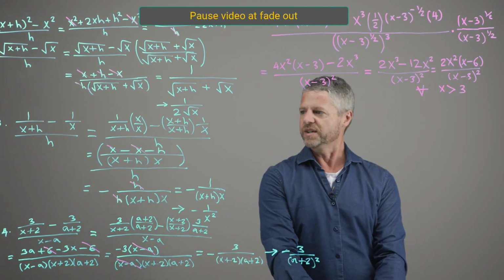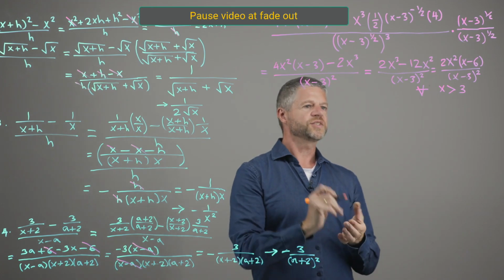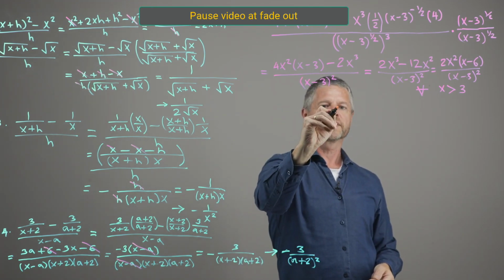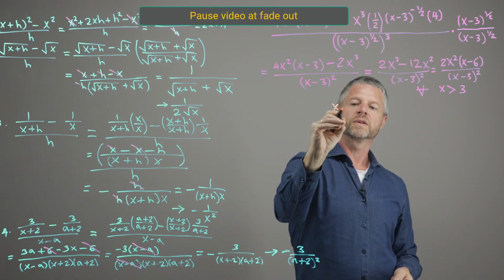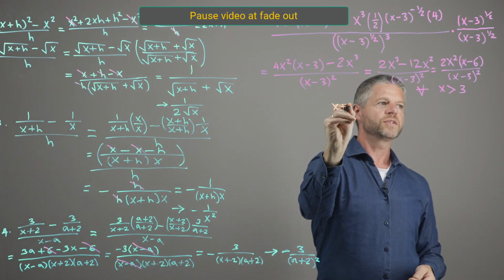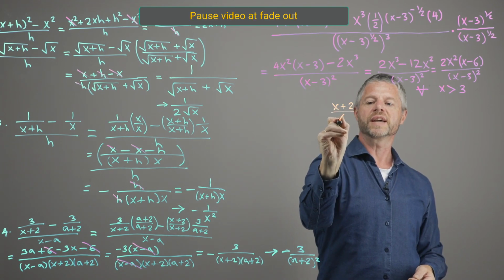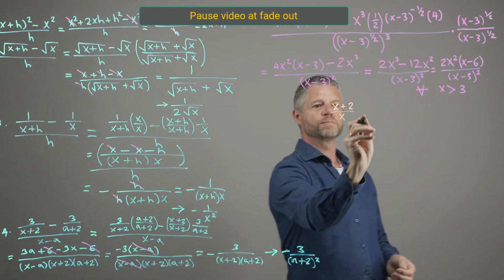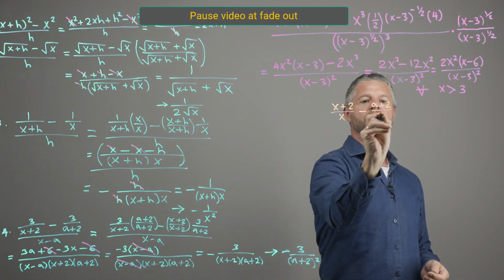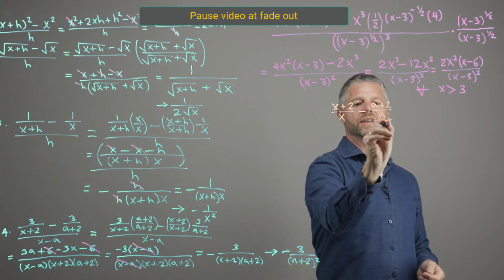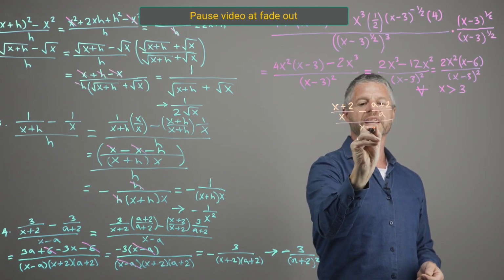So for the first one, let's do x plus 2 over x, minus a plus 2 over a, and divide by x minus a.